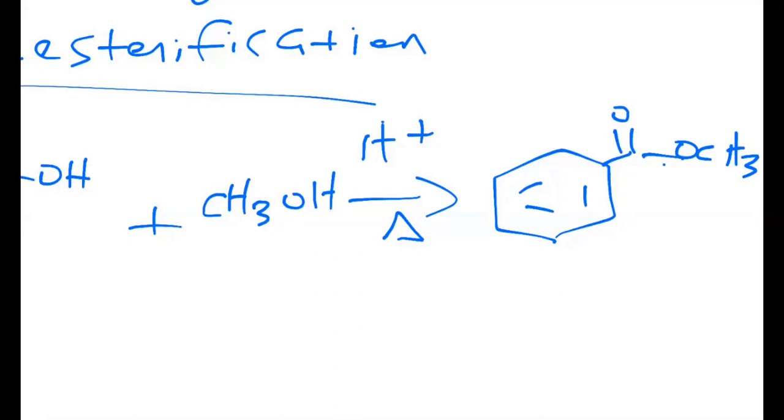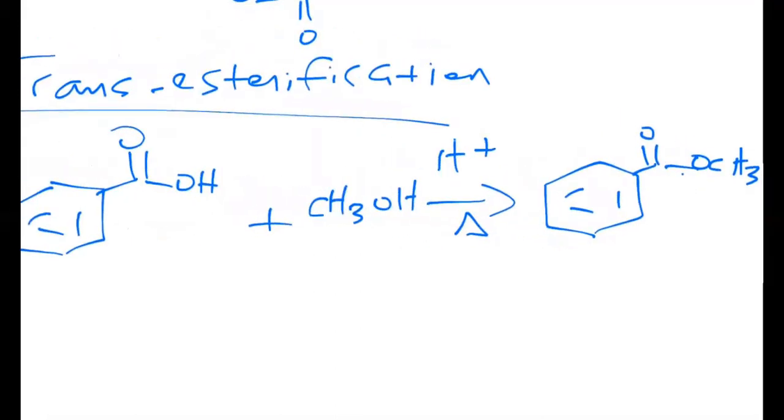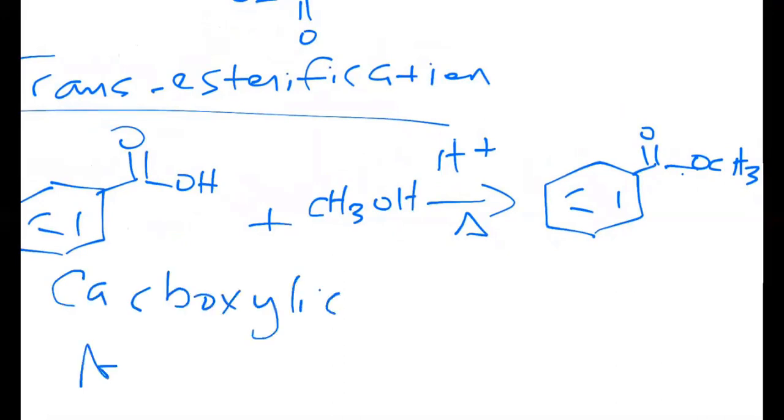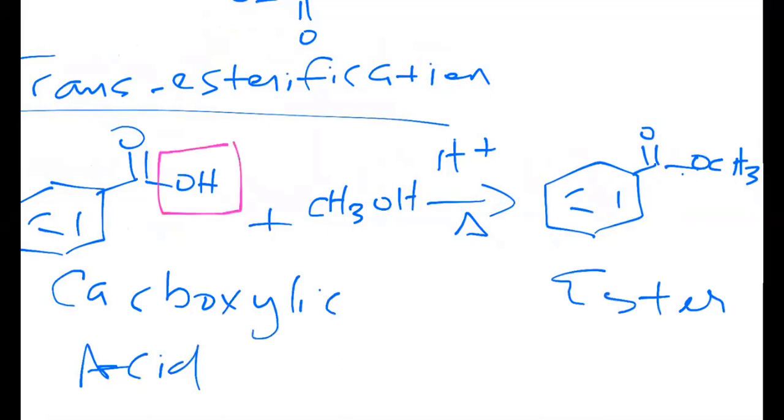All right. So again, we've taken a carboxylic acid, and we've converted it to an ester, right? You can see the difference in the functional groups. And this is a really basic explanation of this. We swapped the OH group out with the methoxy group.